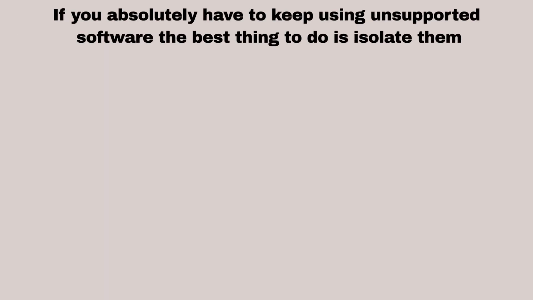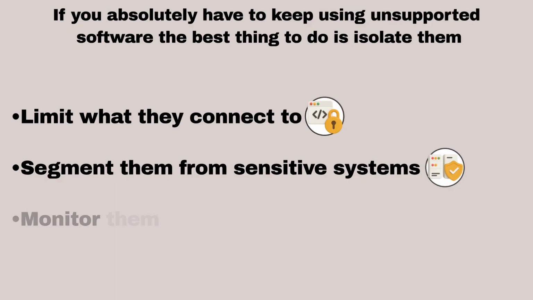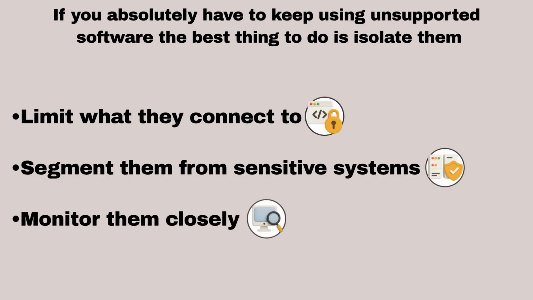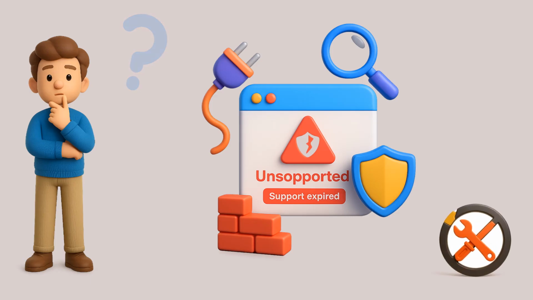If you absolutely have to keep using unsupported software, the best thing to do is isolate it. That means you limit what it connects to, segment it from sensitive systems, and monitor it closely. Do you know what kind of control this is from the previous lessons? This is an example of a compensating control, a workaround when a best practice like patching is impossible.